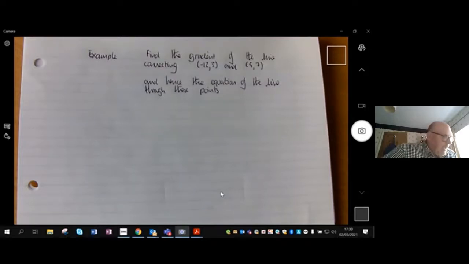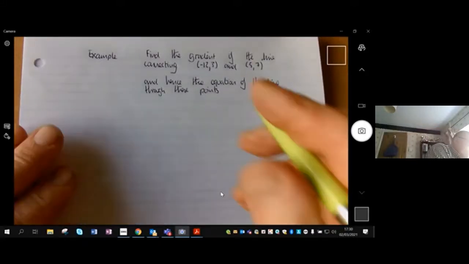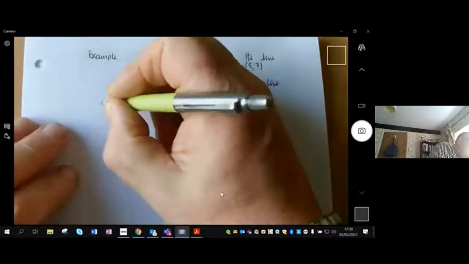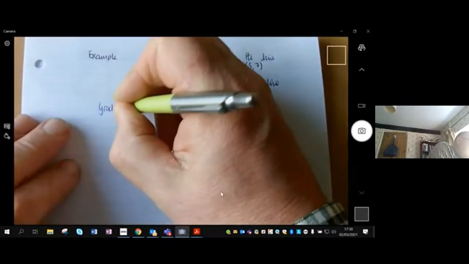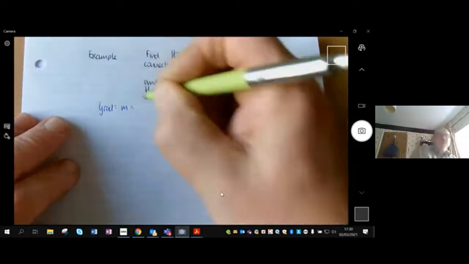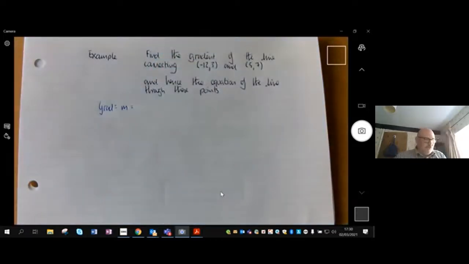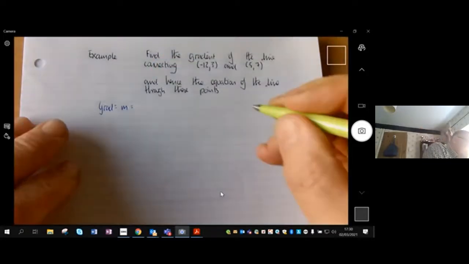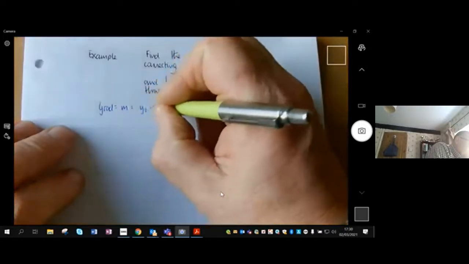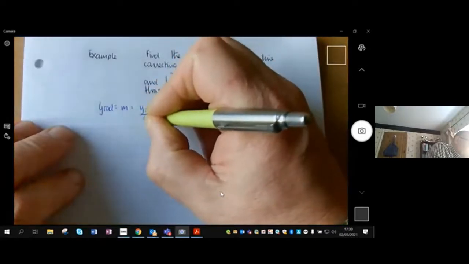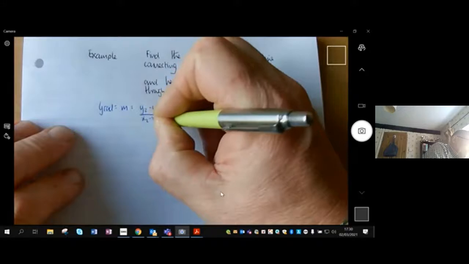Right then, so just going with my recipe idea, and the question is nice, it leads us in there. Gradient. I always tend to write equals m, so I don't forget what we're dealing with. So, y2 minus y1 over x2 minus x1.